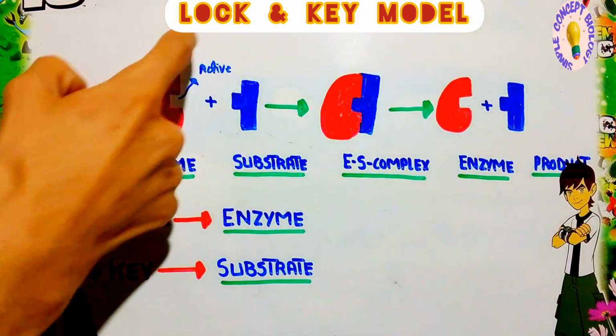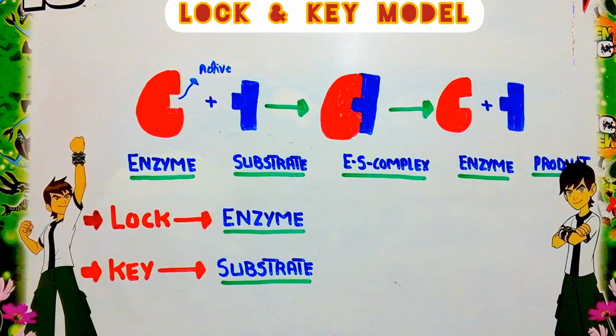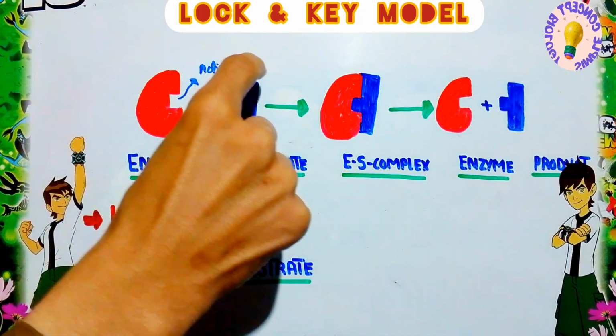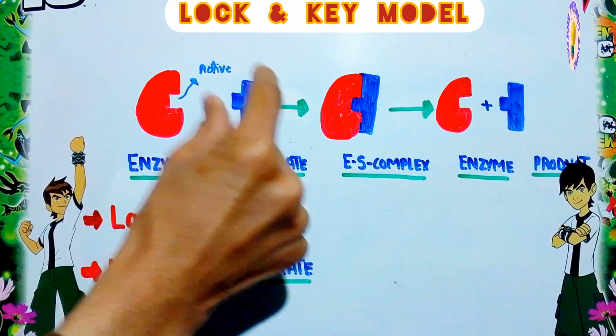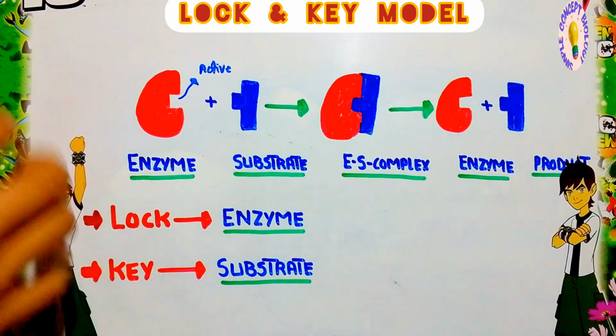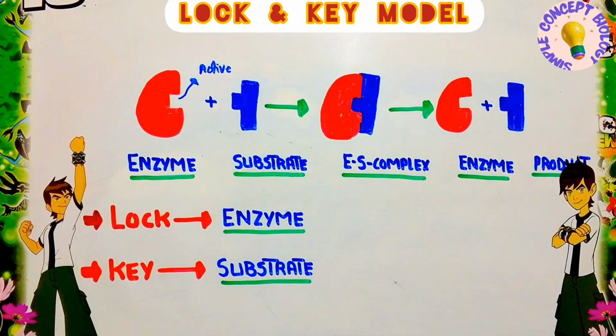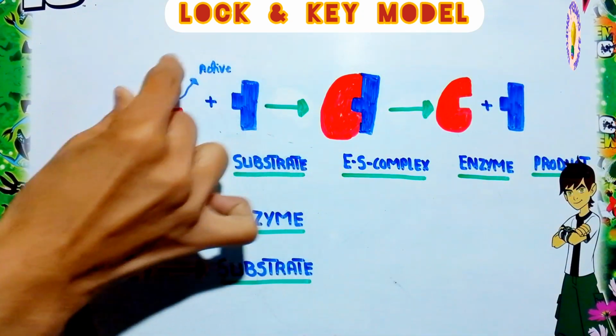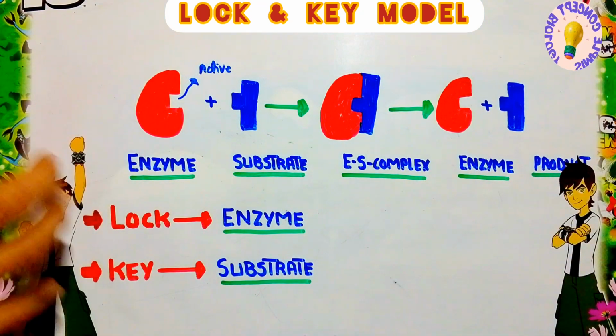Now this active site has a specific shape. According to the shape of this active site, a specific substrate is able to fit with the enzyme and convert into the product. During this step, a specific substrate comes and combines with the active site of the enzyme.